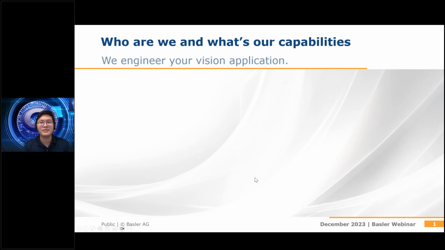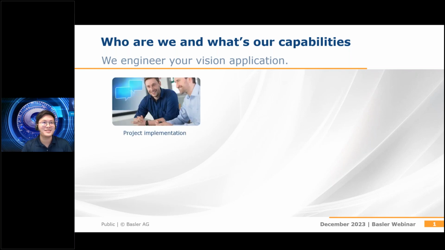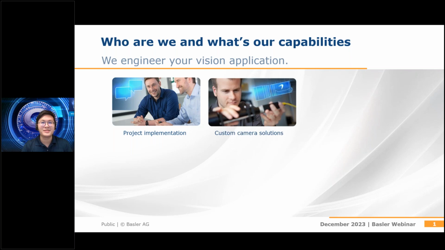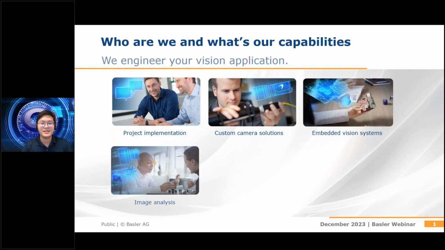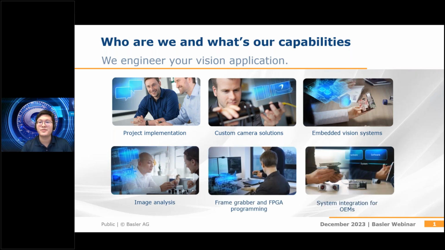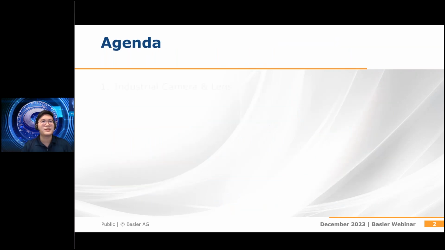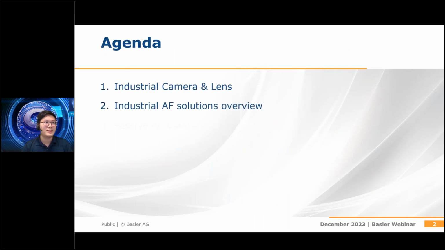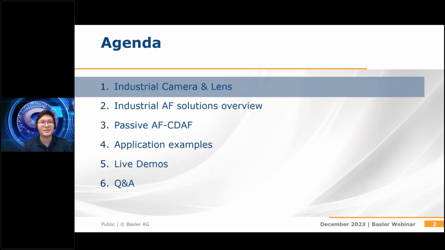The company has a long history of innovation dating back to its founding in 1954. Here in Basler, we are a team of engineers with extensive experience in developing vision applications and implementing projects, creating custom camera solutions. We also specialize in embedded vision systems, image analysis, frame grabber and FPGA programming, and system integration for OEMs.